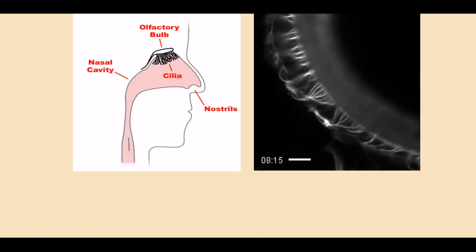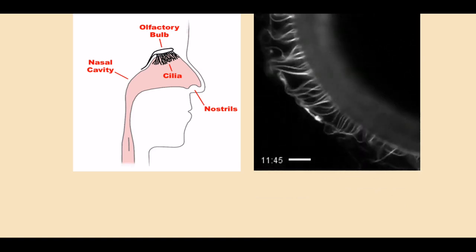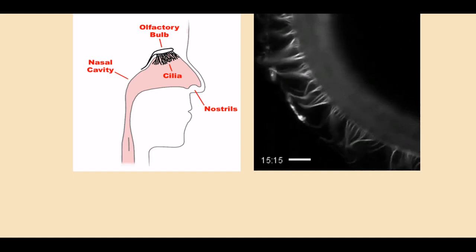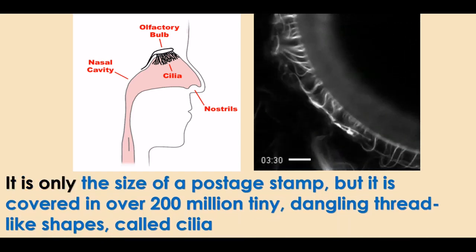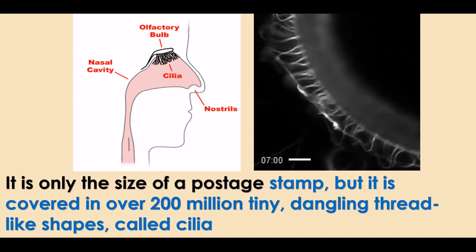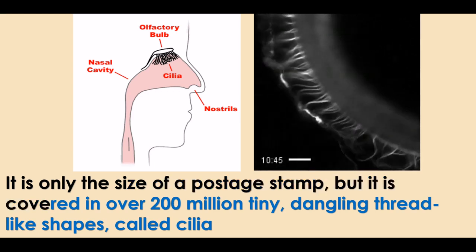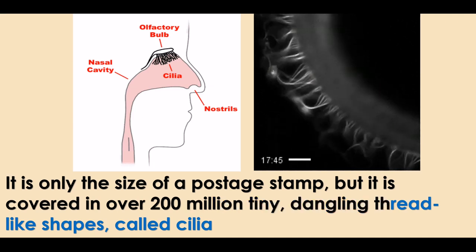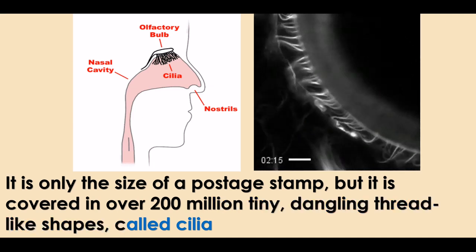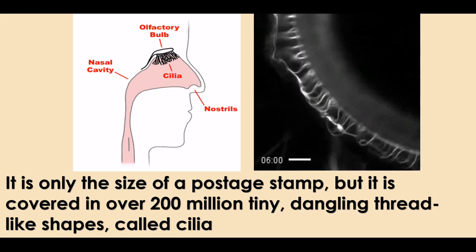Look at the pictures. Those pictures are the example of our cilia inside our nose. It is only the size of a postage stamp, but it is covered in over 200 million tiny, dangling thread-like shapes called cilia.